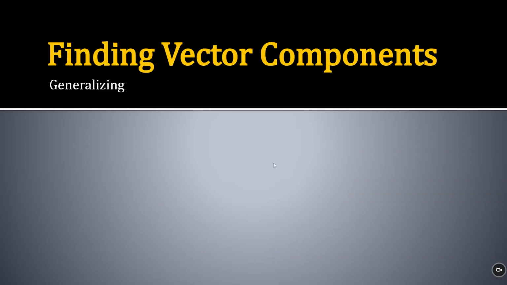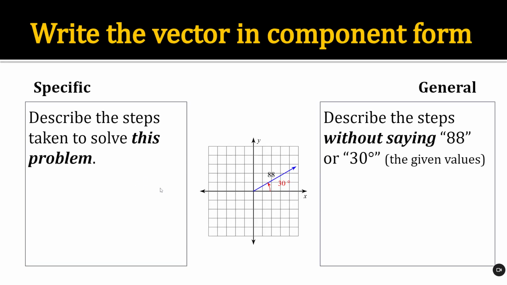Now let's generalize. How do we find vector components generally? On these screens, I'm going to be showing the specific steps that I use to solve this problem, and you're going to write down the general steps to solve any problem of this type.